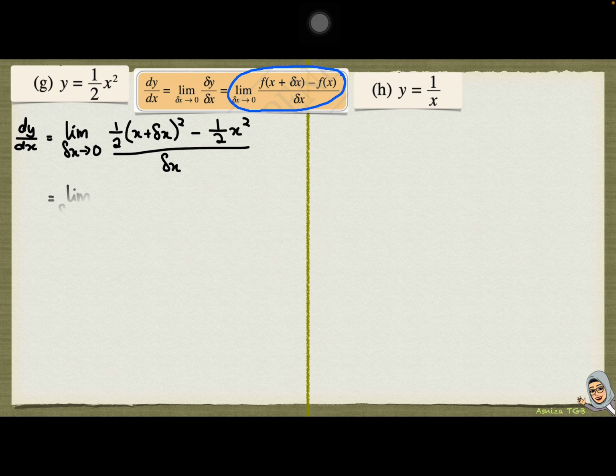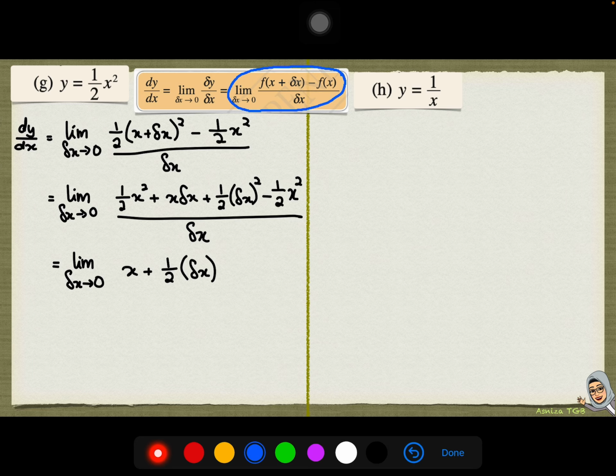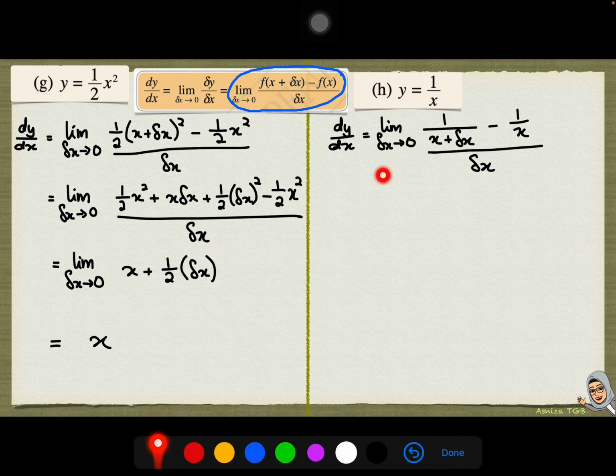So next, we look at h, y equal to 1 over x. Using first principles, to find dy dx we use the limit as delta x approaches 0 of 1 over x plus delta x.